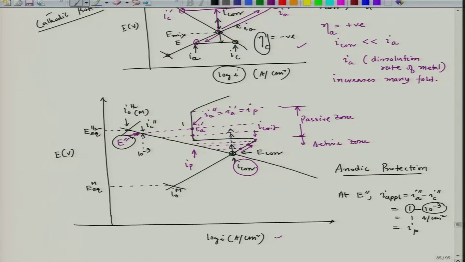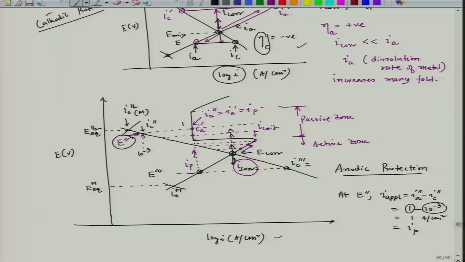Now, if I try to achieve the same current density by following cathodic protection, that means from the steady state E corr, if we go down, I can reach this potential. Let us say this is E triple prime, the potential I have reached if I follow cathodic polarization. Then I would see that in that case my I C triple prime is this one.